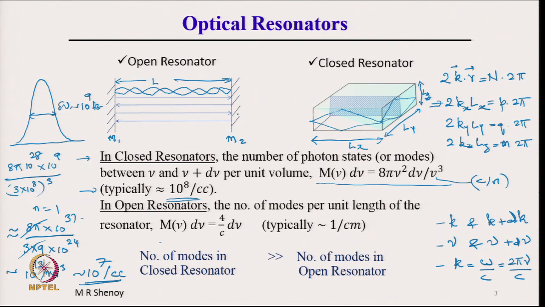When you have an open resonator, it is characterized by length, and the number of modes per unit length of the resonator is given by an expression like this, and this will come out to be typically of the order of 1, that is a few modes per centimeter length. So, the number of modes in a closed resonator is much larger than in an open resonator.